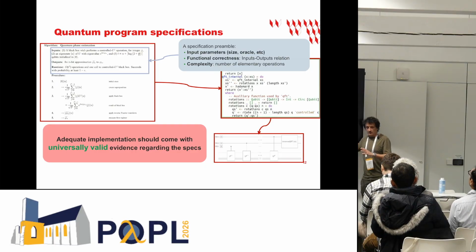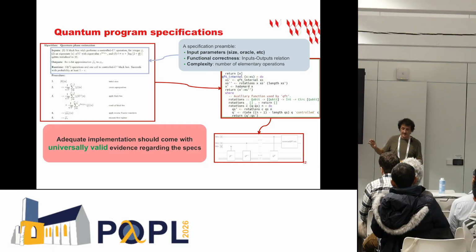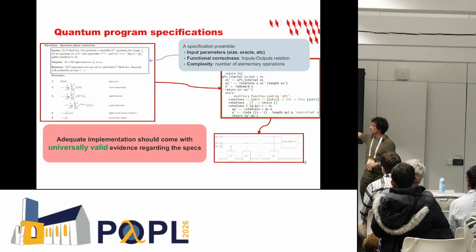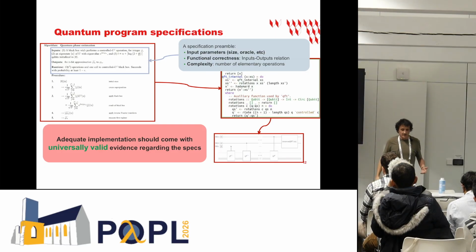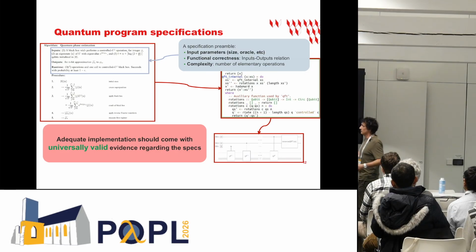One thing that I want to emphasize here is the distinction between verifying a circuit and verifying a program, a circuit being the output of a program and corresponding to one specific instance of the input parameters. So adequate verification, when we are talking about a program, should be verification holding for any possible value of the input data.